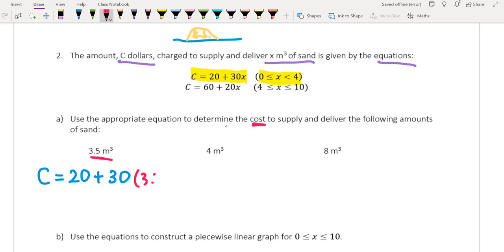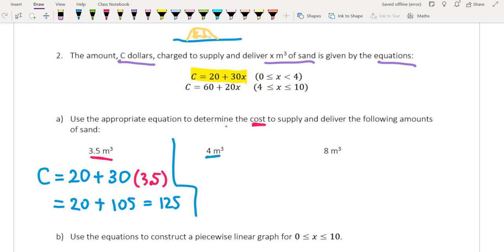So we're ordering 3.5. So that's going to be, if I'm doing this right in my head, 105. So $125 altogether.